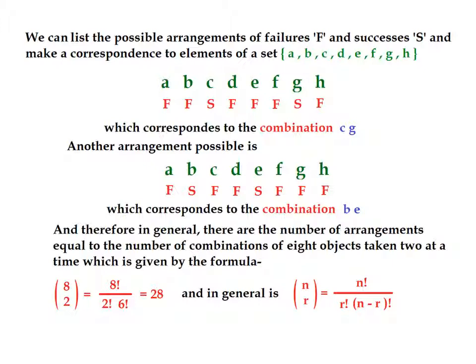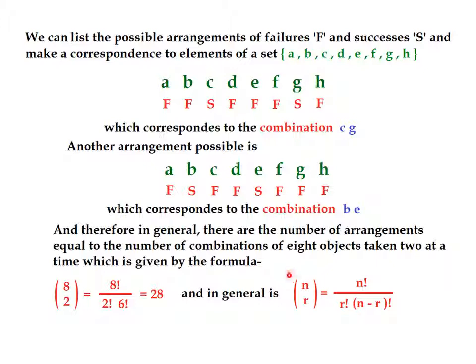Well, every math student should know the answer to this is shown as the number of combinations of 8 objects taken 2 at a time, 8 factorial divided by 2 factorial times 6 factorial, which turns out to be 28. So there are 28 possible arrangements of 6 failures and 2 successes.